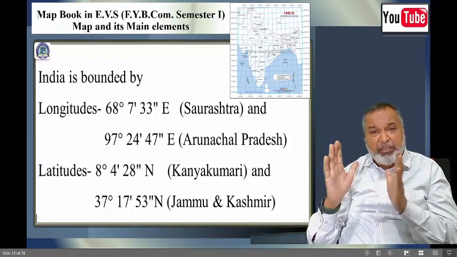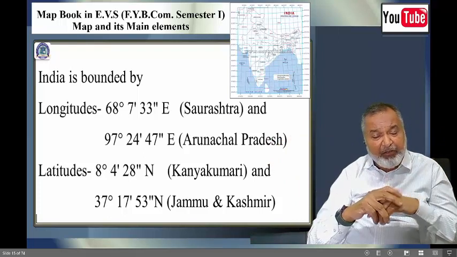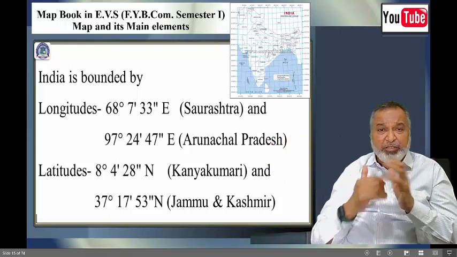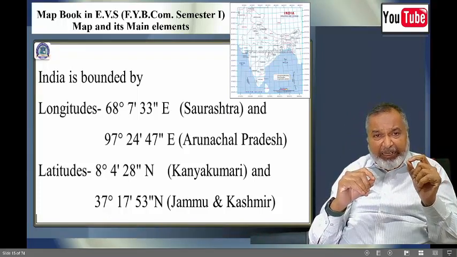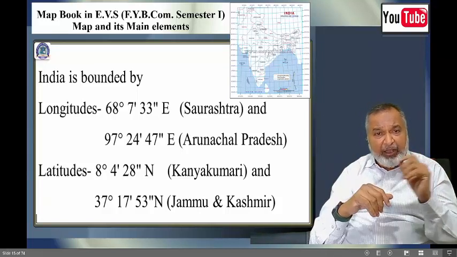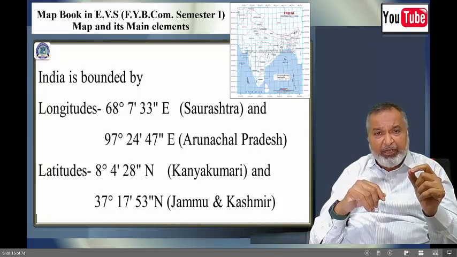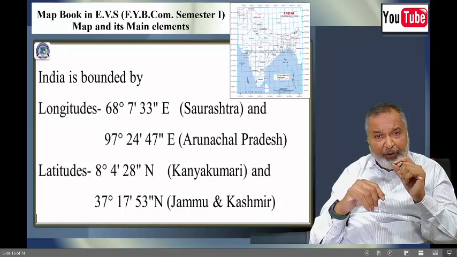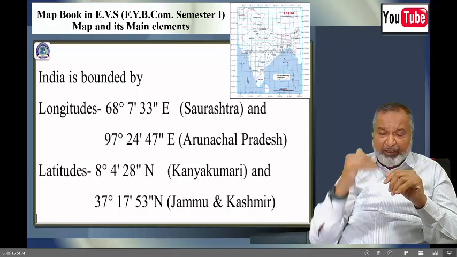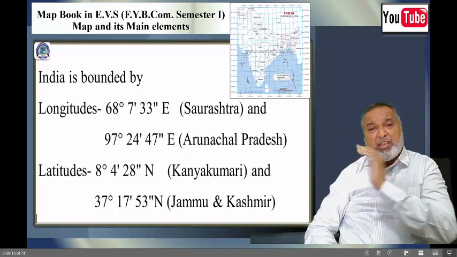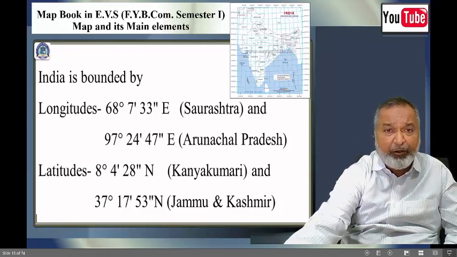So it is east-west: Saurashtra is in the west and Arunachal Pradesh is in the east. Whereas for the latitudes, north-south, 8 degrees, 4 minutes, 28 seconds north is Kanyakumari, and at the top, the northern part, 37 degrees, 17 minutes, 53 seconds north is Jammu and Kashmir. So Jammu and Kashmir and Kanyakumari are north-south, as well as Saurashtra and Arunachal Pradesh east-west. This is the way of writing latitudes and longitudes.